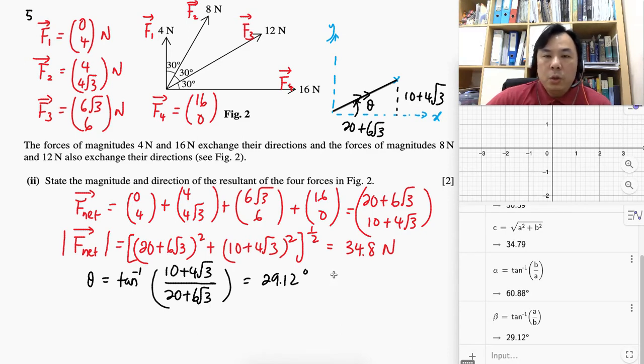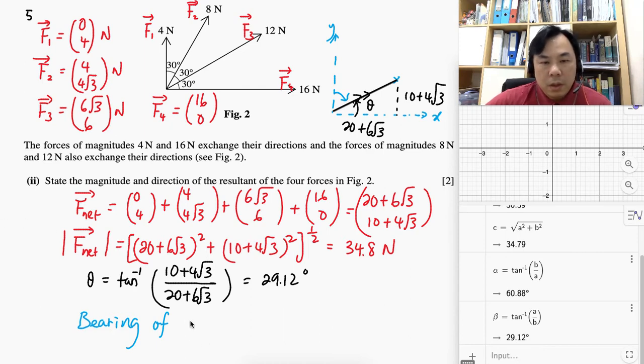Or you can actually use a bearing here. You can also say that it has a bearing of, so the bearing is always measured from the north direction. So this is the bearing itself. So the bearing must be of 7, sorry, 70. What am I writing here?